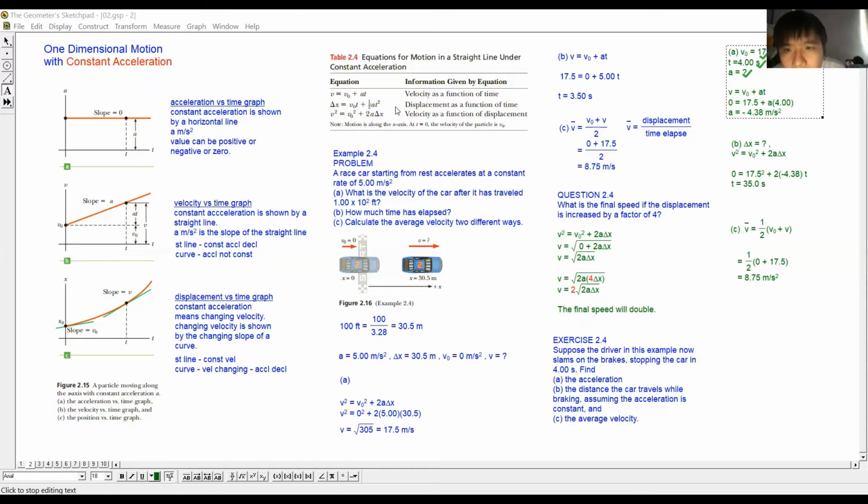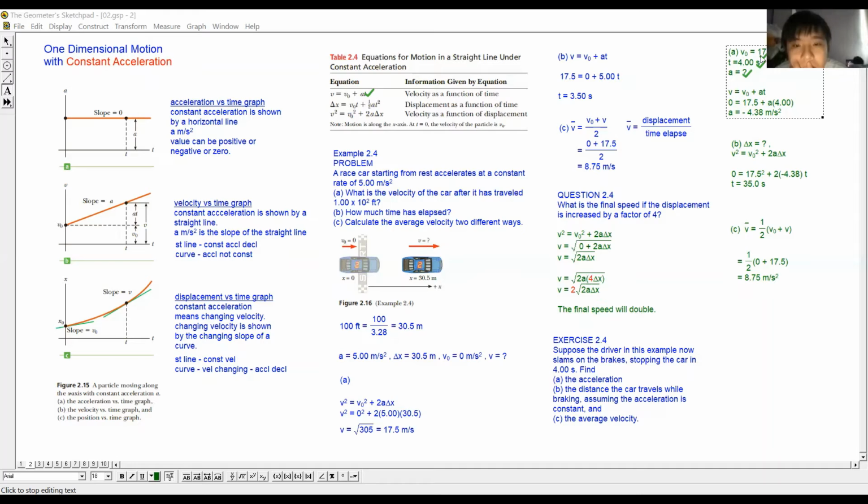The first one, because the second and third ones have delta x, and what we have listed has no delta x. So we must make use of the first equation.